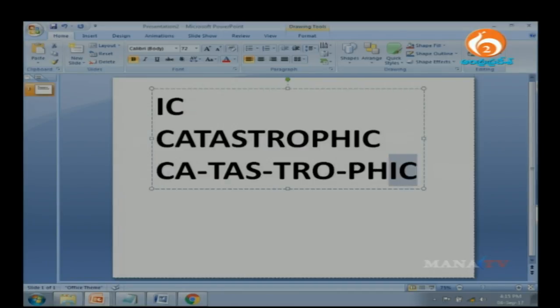I still have IC as my word ending. Now the rule says I need to stress on the second last. So this is my last syllable. I will focus on tra. That's why I pronounce this as catastrophic. So my second last syllable will take the stress.